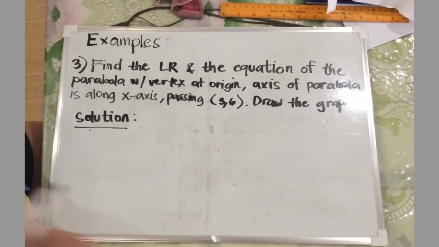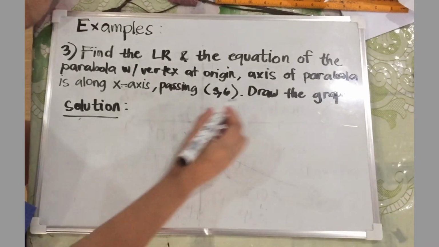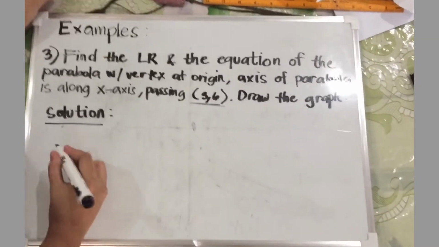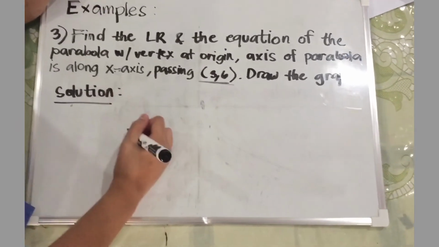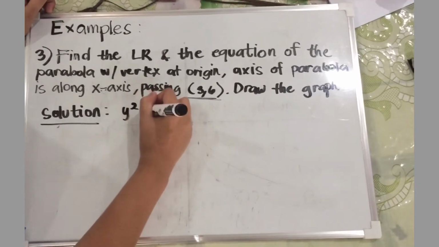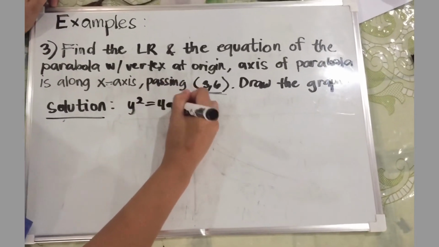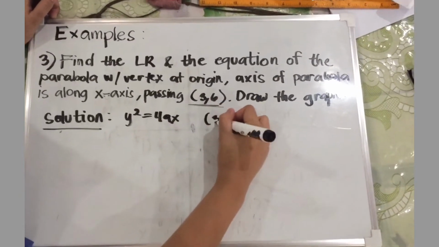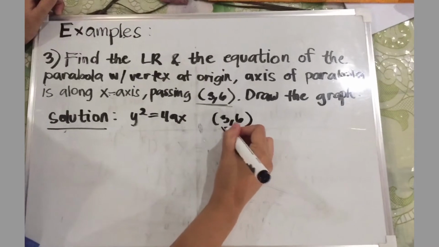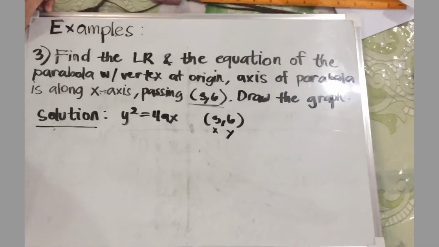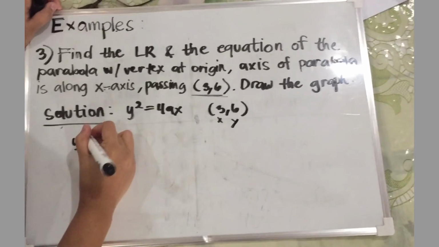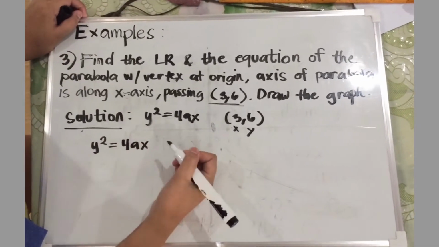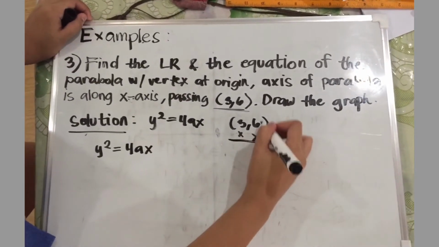So the solution is, using the given point 3, 6, we have to substitute it in the standard form y squared equals 4ax. So 3, 6, this is the x and y. So from the standard form, y squared equals 4ax, the y here is 6.